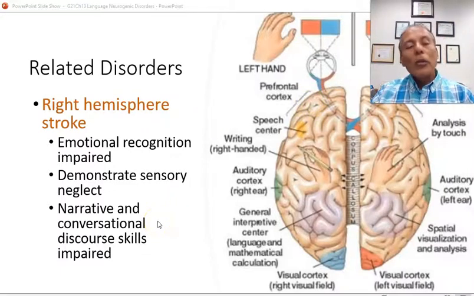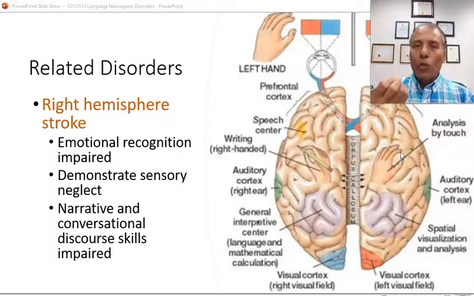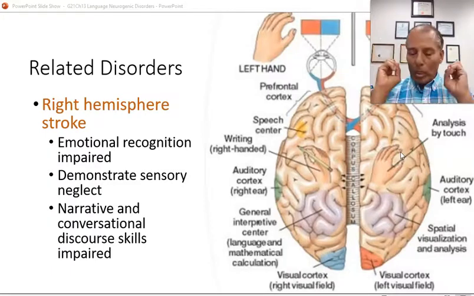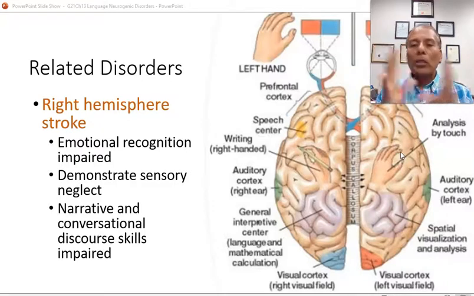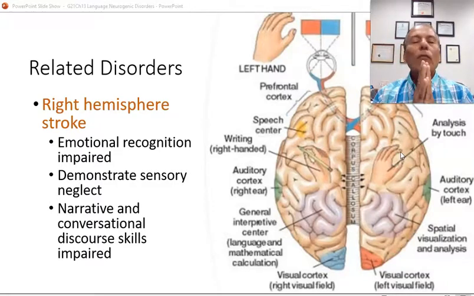In terms of language and cognitive functioning, right hemisphere damage affects a person's ability to tell a story. They cannot focus, they cannot stay on topic, they forget details, they just put a whole bunch of disorganized details together, and you have no idea what you can get out of that story.